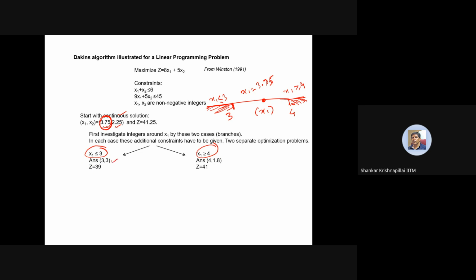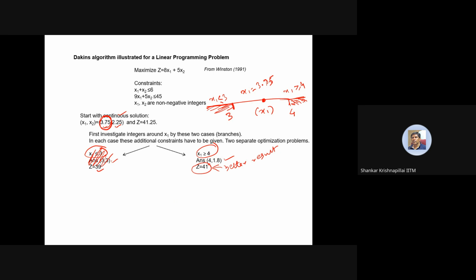And when you run this program, x1 greater than or equal to 4, you get the answer 4, 1.8. So since we are doing maximization, this has given better results, because this Z value 41 is higher than 39. So we ignore this and we concentrate on this.